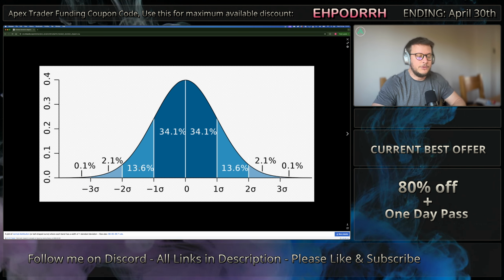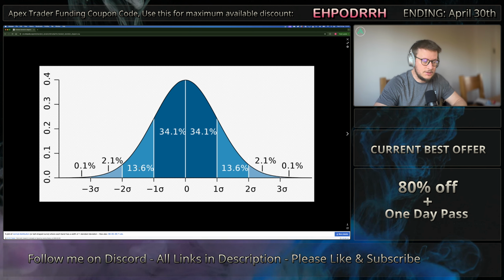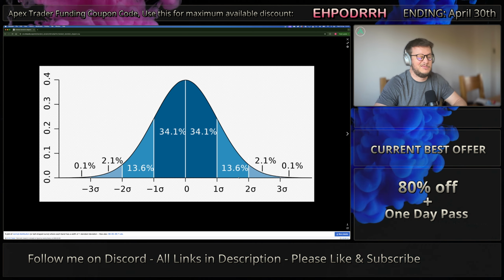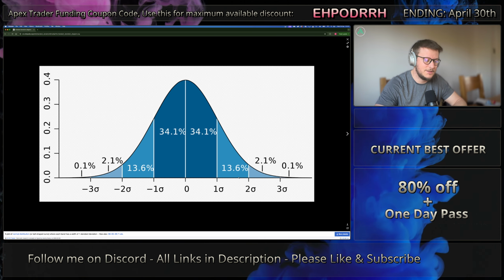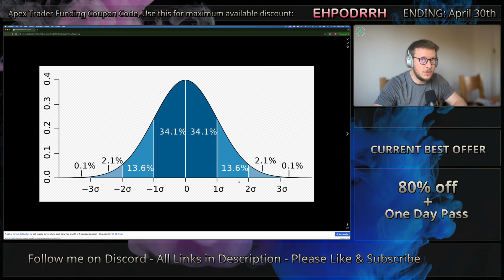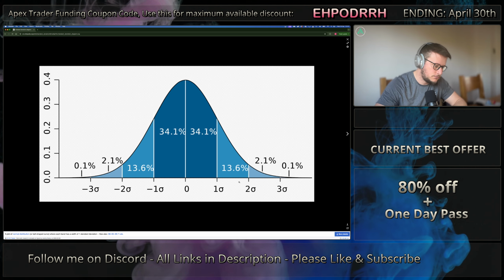The data set that falls between 1 and 2 standard deviations from the mean is 13.6% either side, which is 27.2%. My maths isn't great. But much less of the data set falls outside of the bell curve.